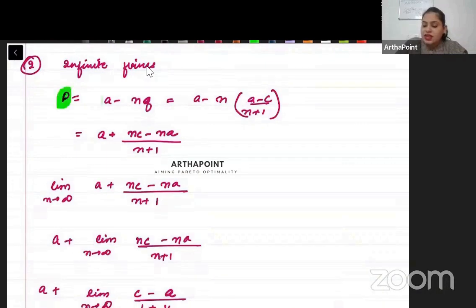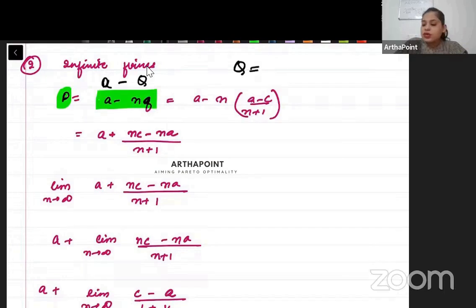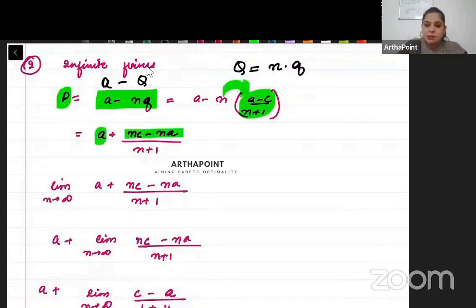So price is A minus NQ, right? How is this coming? It's A minus capital Q, and total quantity in market is N times the quantity of one firm. So the quantity produced by one firm is (A minus C) upon (N plus 1). So I will get A, if I just multiply N inside, plus NC minus NA upon N plus 1.